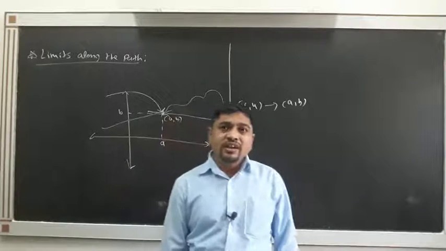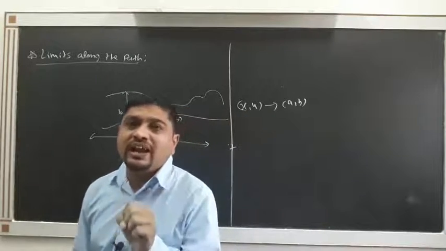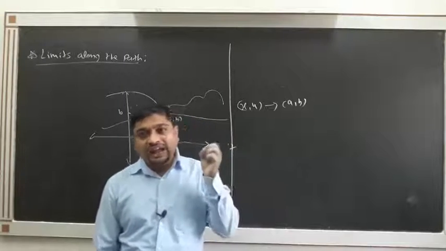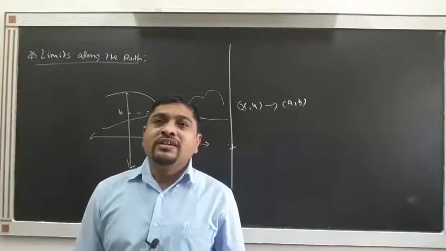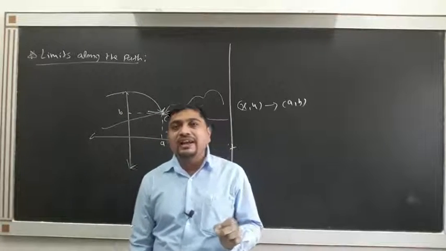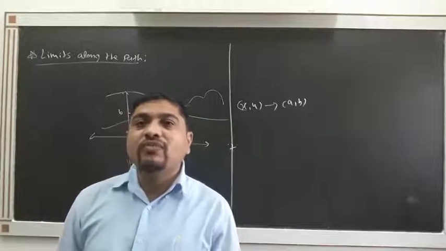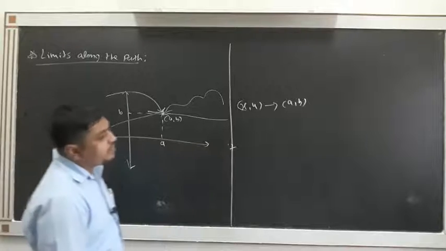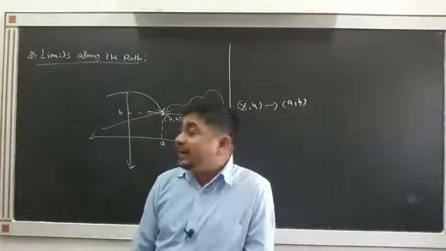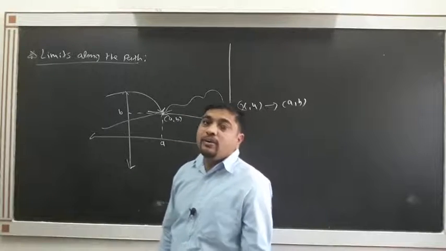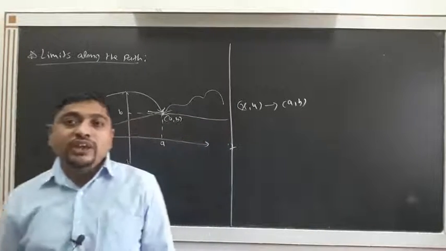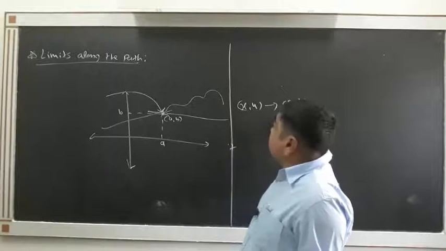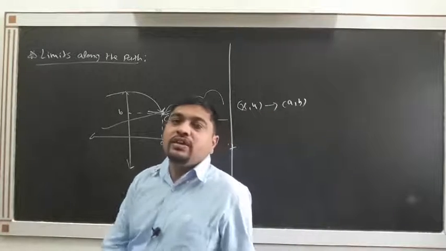What the definition says is: make the distance between f of x, y and L arbitrarily small by taking a sufficiently small delta, that is, the distance between (x, y) and (a, b). So in the definition there is no discussion of direction, but if the limit exists, then along all approaches of (x, y) to (a, b), this limit must be equal.